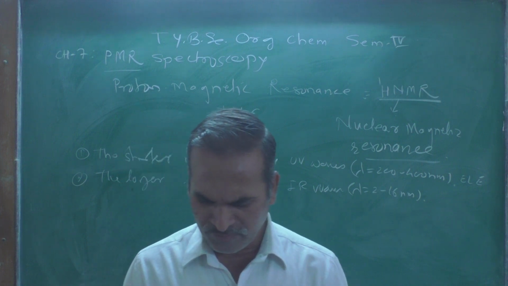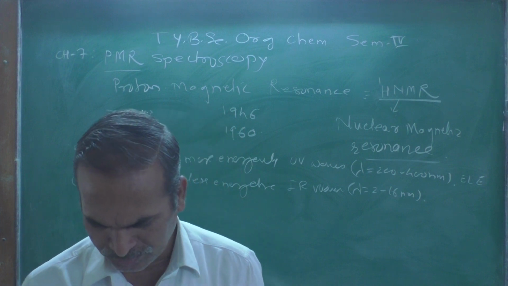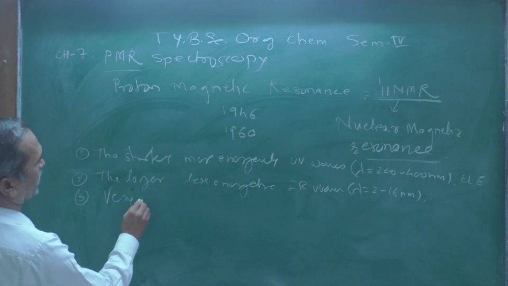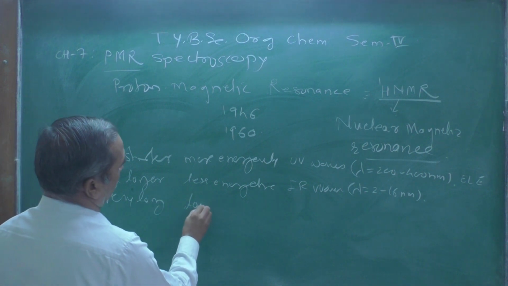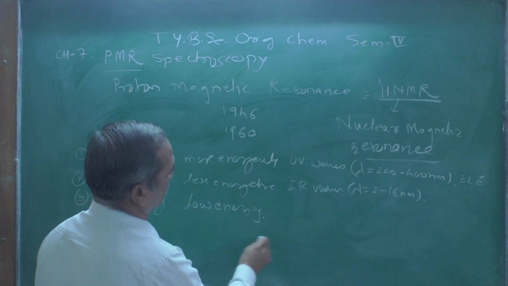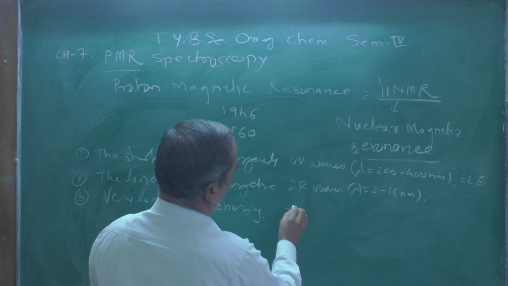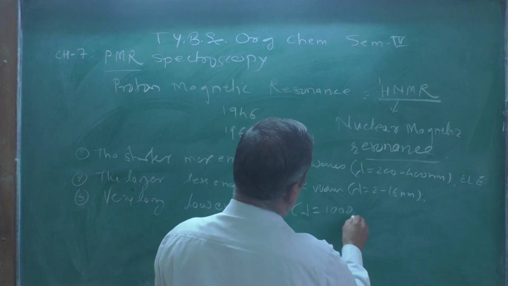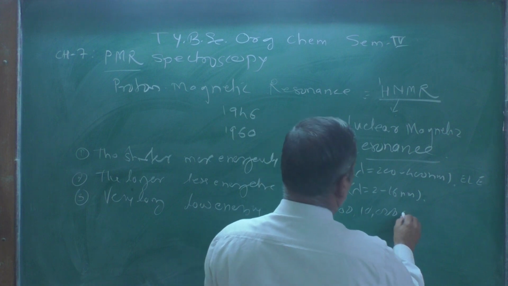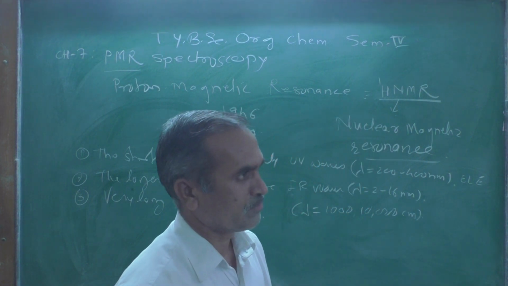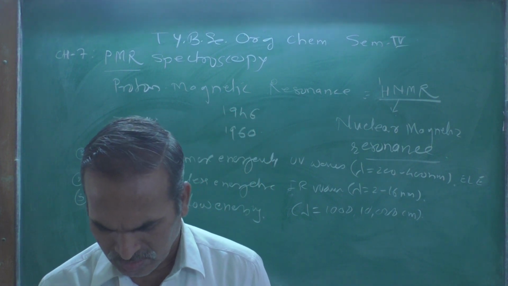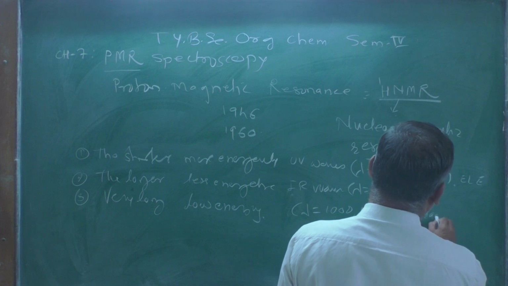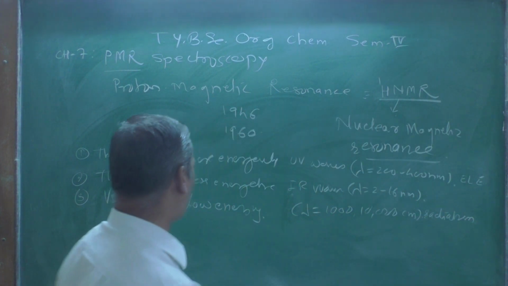In PMR spectroscopy, the protons of an atom are exposed to very long, low energy radiation, I think lambda is equal to 1000 to 10,000 centimeter, known as radio waves.